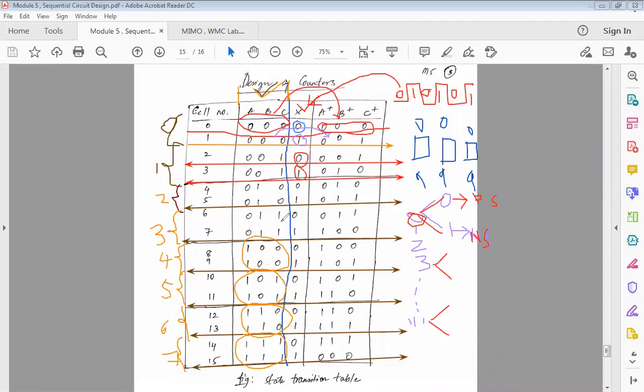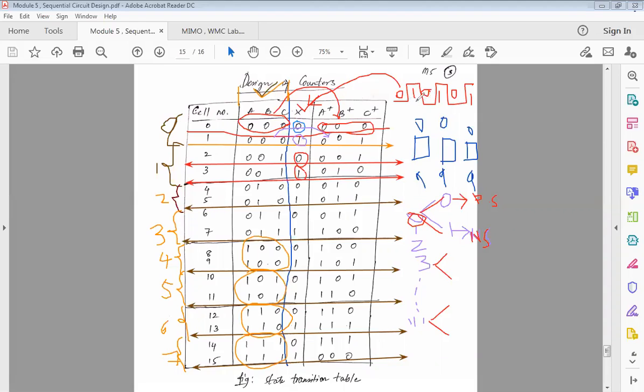So now I hope you have understood the ABC part. How we have got this ABC? And this is going to be your clock.